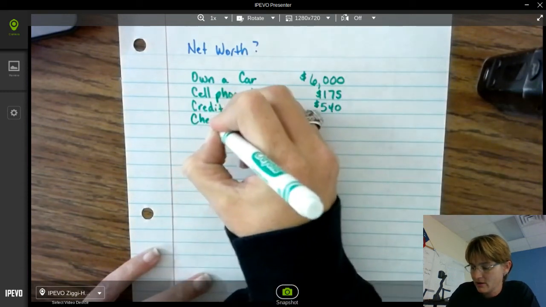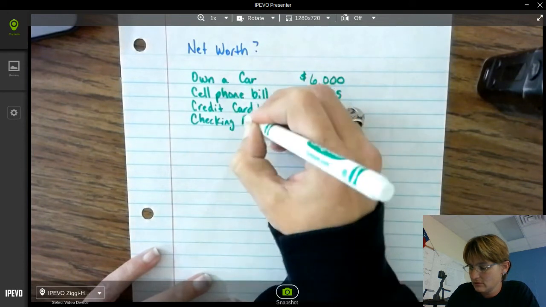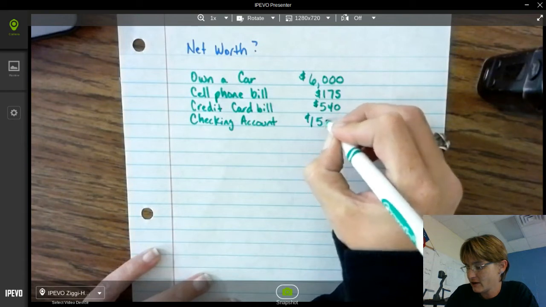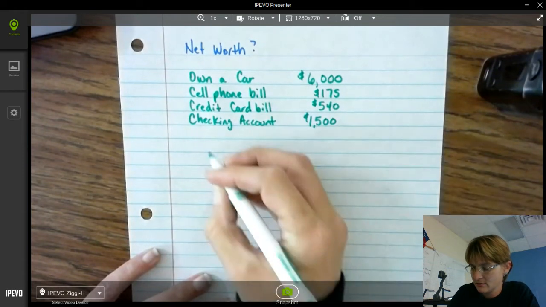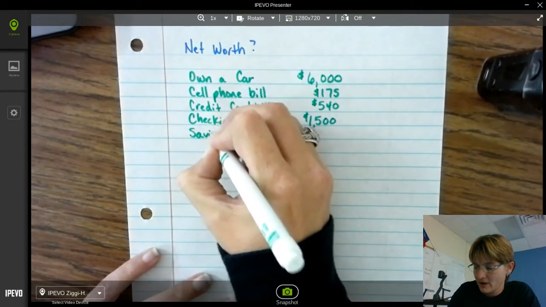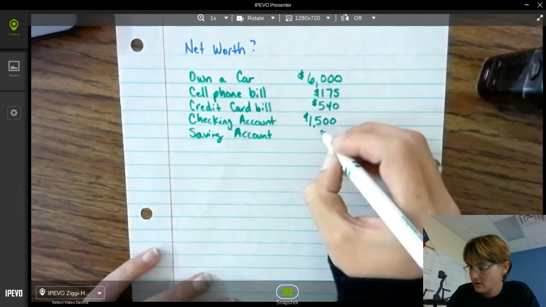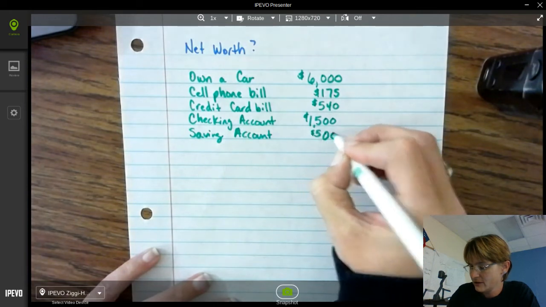You have a checking account that has 1,500 in it. Maybe you're trying to save up, so you have a savings account that has 500 in it.